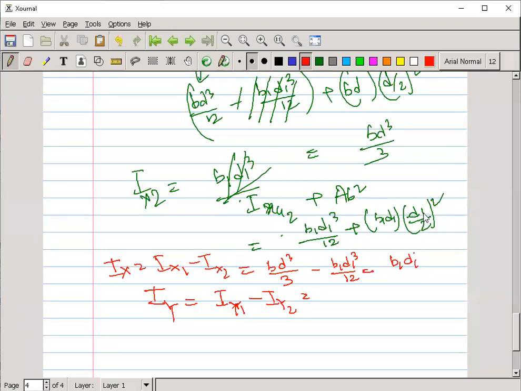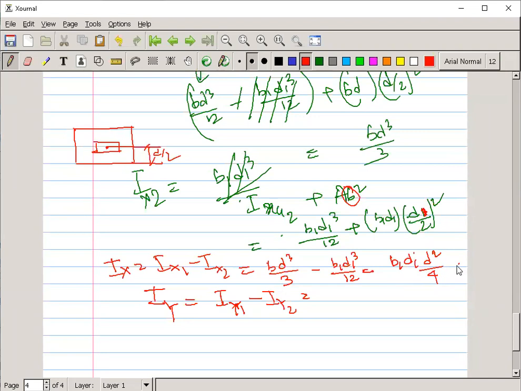This distance you have to find out, because this indicates the distance between this one and this one, so this distance is d by 2, so b1 d1 d square by 4.